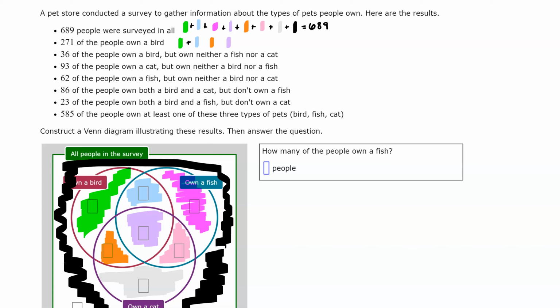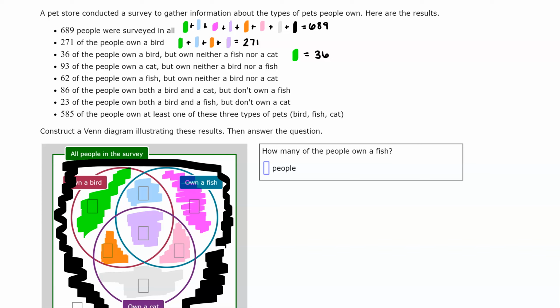So I know if I add those rooms, it's going to equal 271. 36 of the people owned a bird, but own neither a fish nor a cat. That's just one room, right? That's just that green room. So green has to be 36.